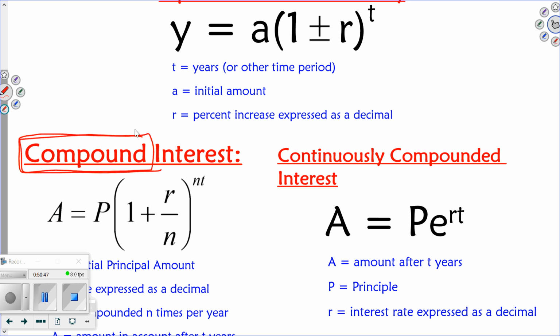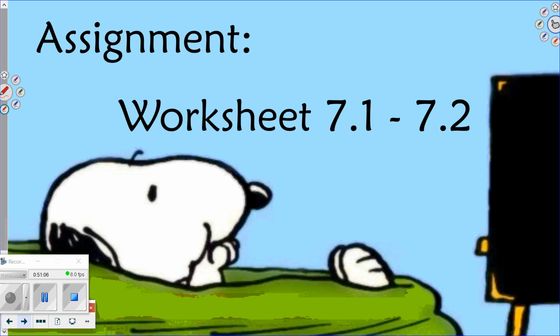I know to use this one. And that one I know to use because it'll say compounded, but it will also say continuously compounded. And how do I know to use this one? It doesn't say compounded. It's going to be talking about some kind of growth or decay, increasing or decreasing.